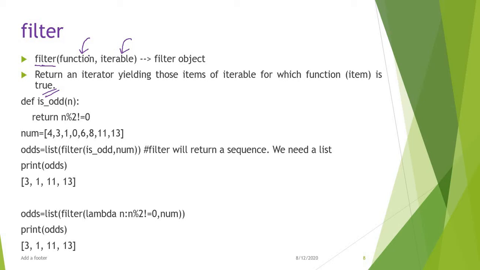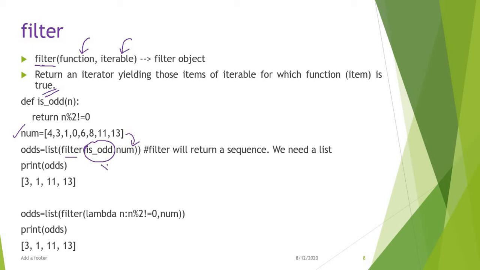Say for example, I have a list of numbers 4, 3, 1, 0, 6, 8, 11, 13. I want to filter only the odd numbers from the list. For this filter, we need to give two inputs. One is the iterable, that is the number list, in this case num, and the first one, we need to define the function. The function is odd.